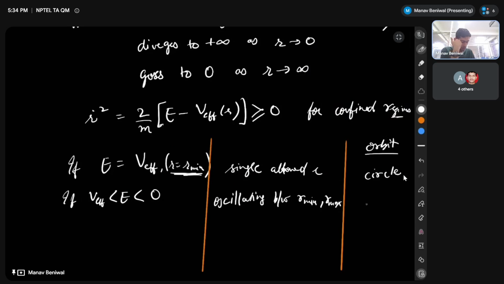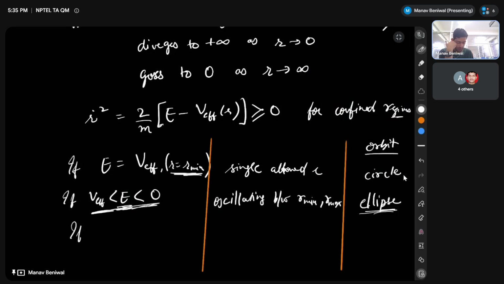Okay, so this will give me an ellipse, right? This is like our orbit around the sun. So we have a negative energy, but this energy is still greater than our effective potential. We will have a minima and a maxima, and we'll just oscillate between these two values of r, like how it happens in an ellipse.